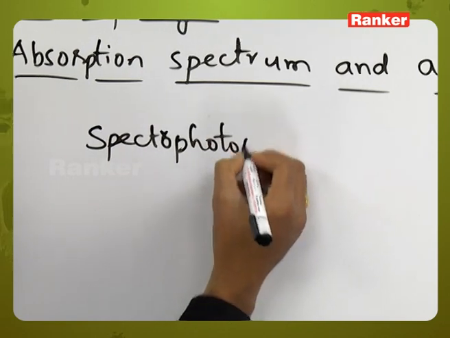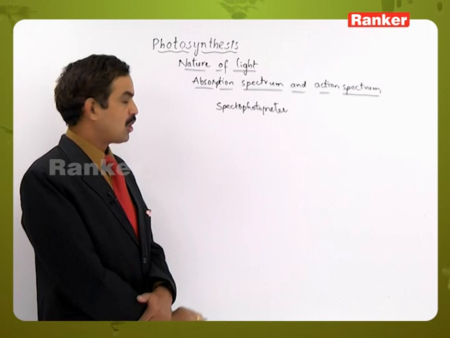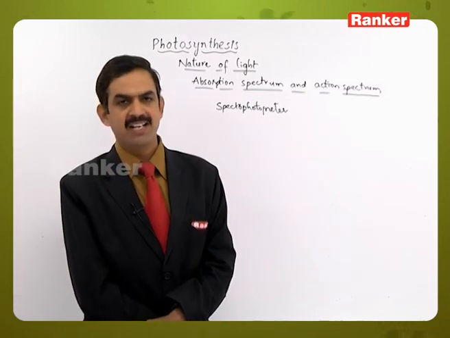In the absorption spectrum, the spectrophotometer is the instrument which is useful for measuring the absorption of the different wavelengths by photosynthetic pigments at different radiations of light.